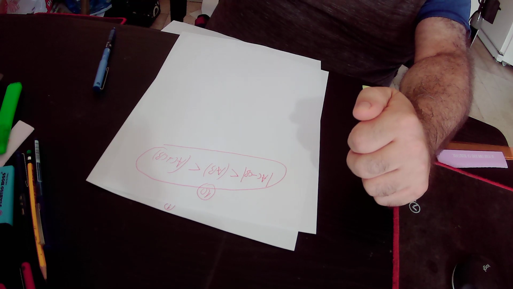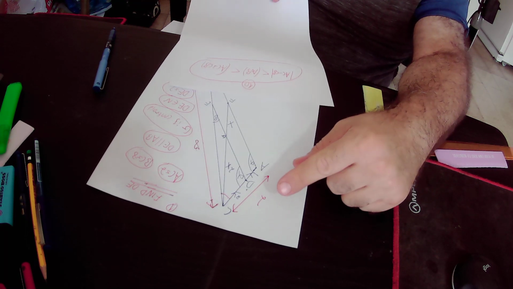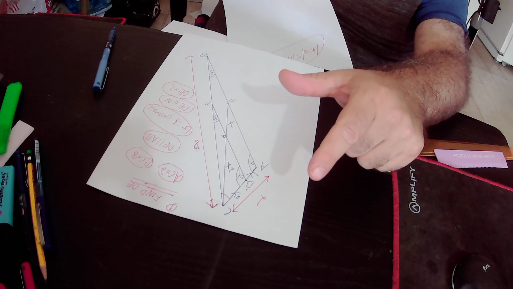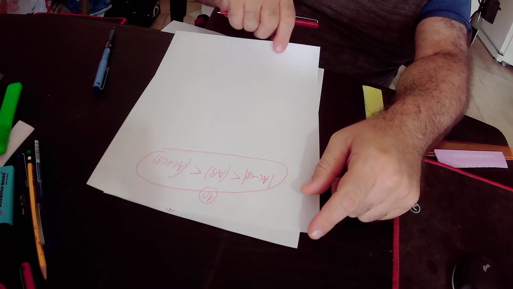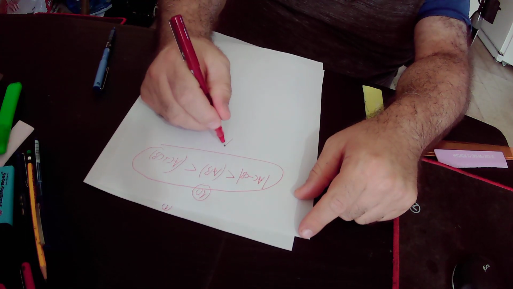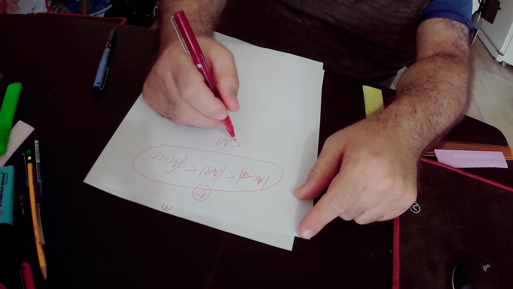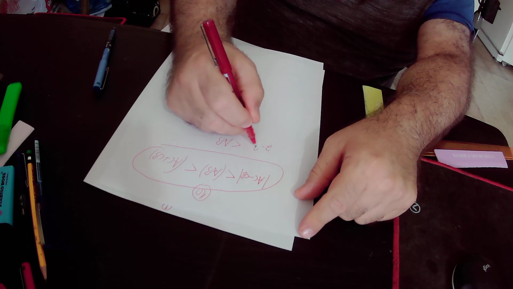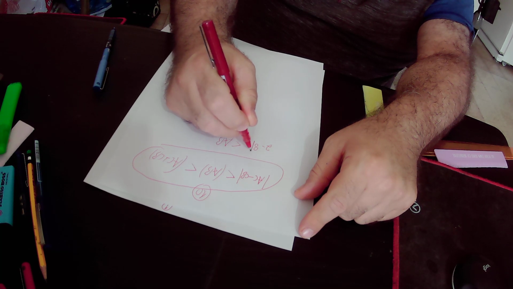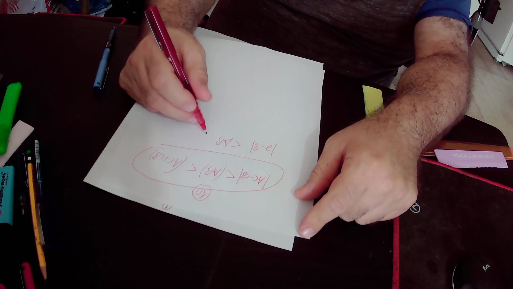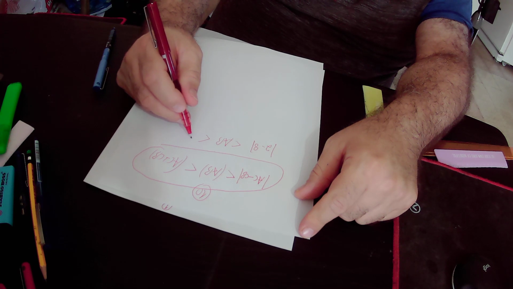So we know that AC equals 2 units and CB equals 8 units. So we can write here that AB will be greater than the absolute value of 2 minus 8, and it will be smaller than 2 plus 8.